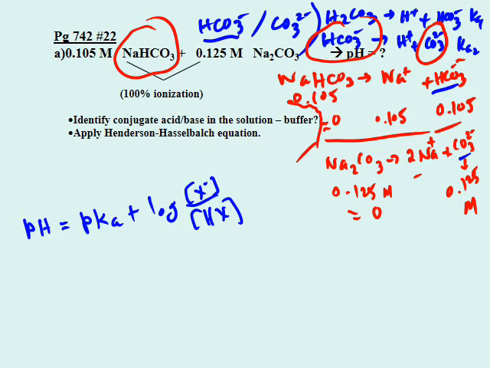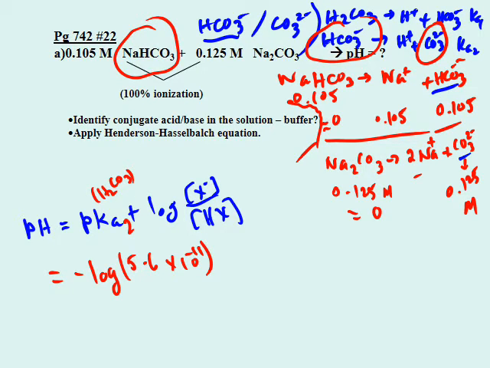So instead of pKa, I'd write down pKa2 for carbonic acid, H2CO3. So Ka2 involves HCO3 minus breaking down into H plus and CO3 2 minus, and that's the value you're going to use, and that'll be minus log of Ka2, so minus log of, and I got that value from Appendix D, and that value is 5.6 times 10 to the power minus 11.